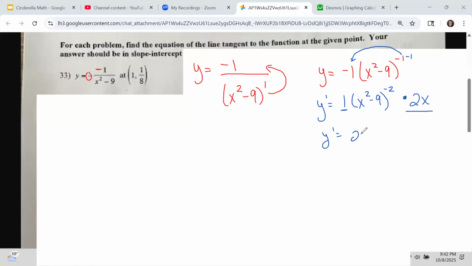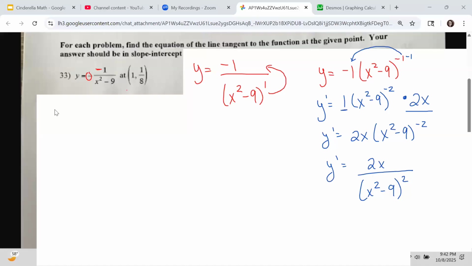So that is 2x, and then that parenthesis drops down, and then send it to the bottom because it'll look better. So we have 2x over x squared minus 9, squared. That is our derivative. If you know quotient rule, we could have done quotient rule. And actually, maybe I'll do it that way in a second. But this was probably easier to rewrite it, to bring that guy upstairs and then go.